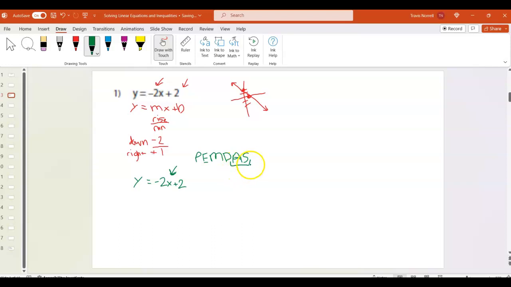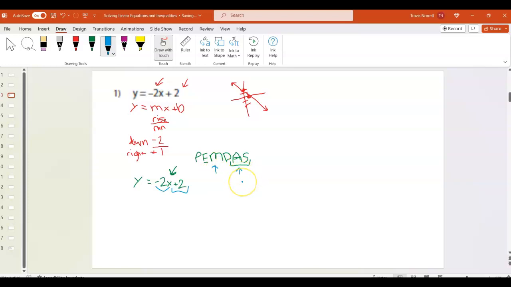You're going to deal with anything that's being added or subtracted first. So you have two operations going on here. You have x being multiplied by negative 2, and then a value being added to it. So you have multiplication and addition.